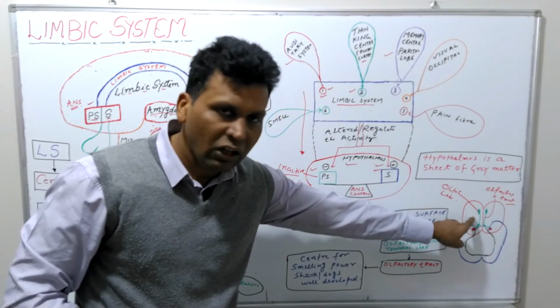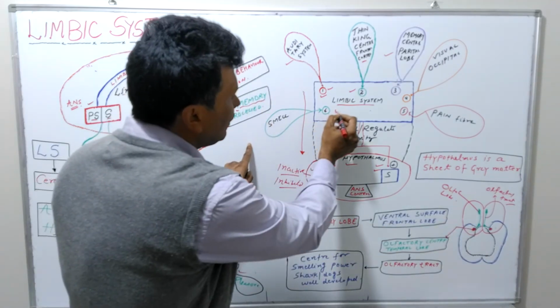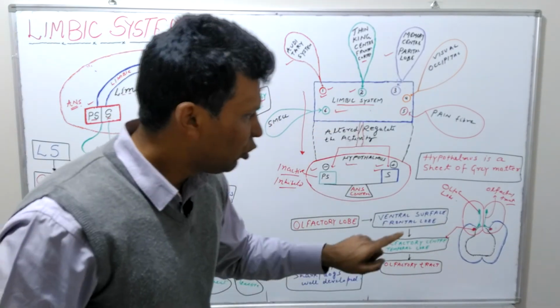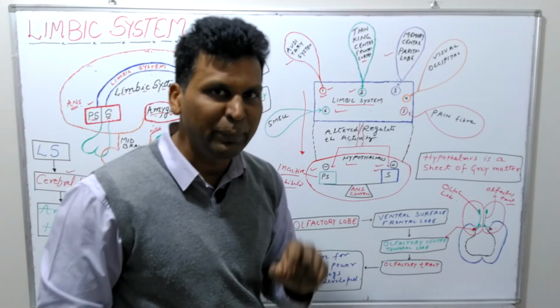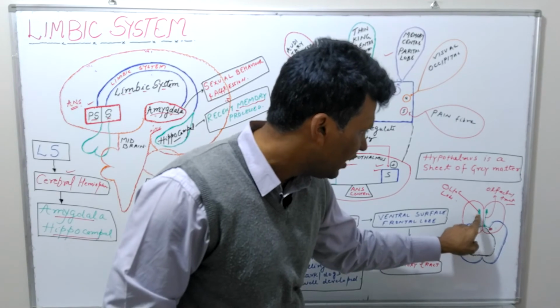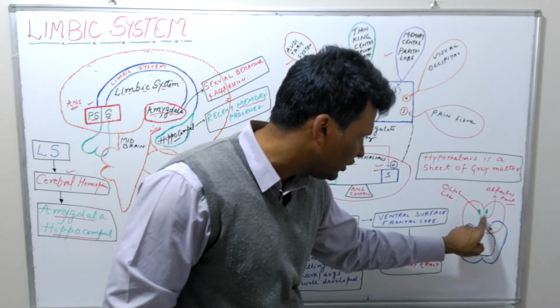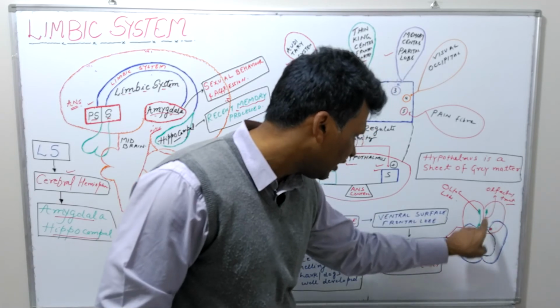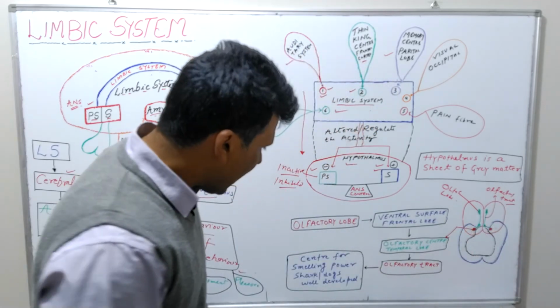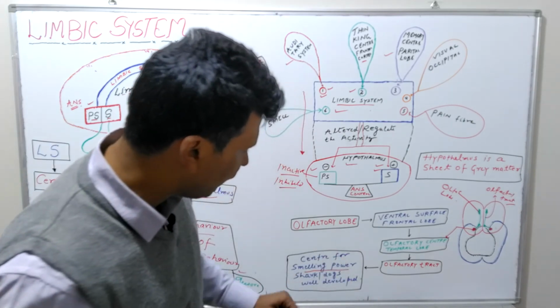Because this is olfactory, related to smell, and smell is also going with the limbic system. So the two bean-sized organs present are called the olfactory lobe. This olfactory lobe has the olfactory center, which is connected with the olfactory tract, and this center is for smelling power.